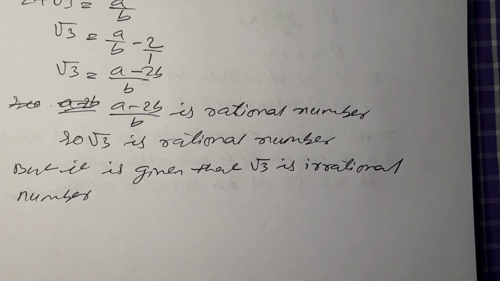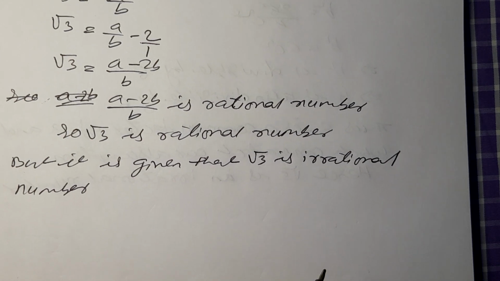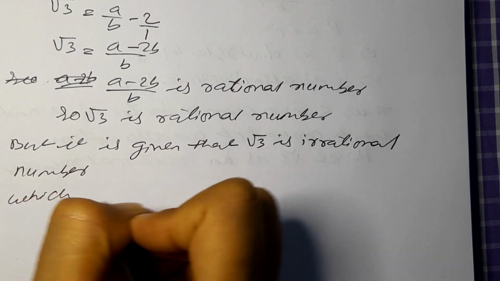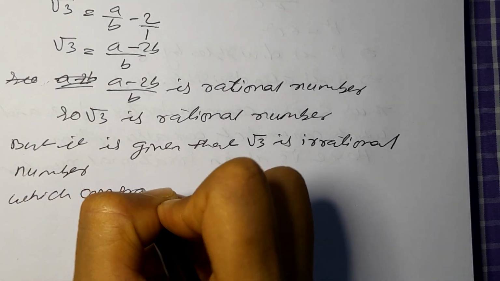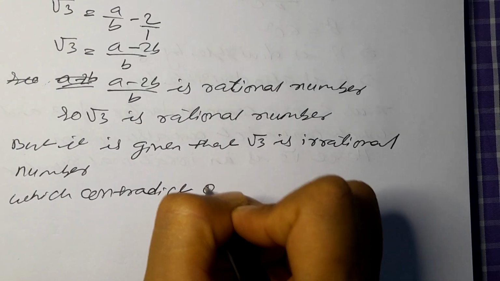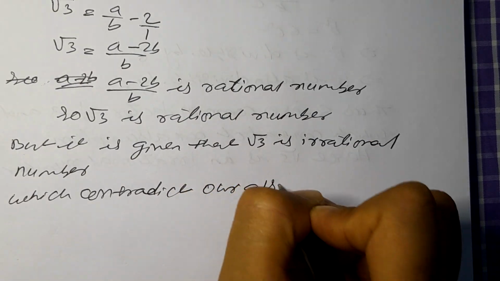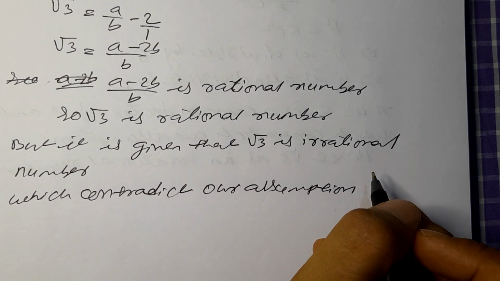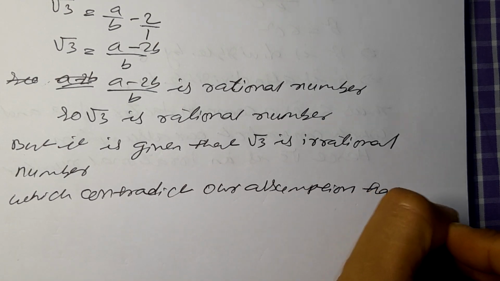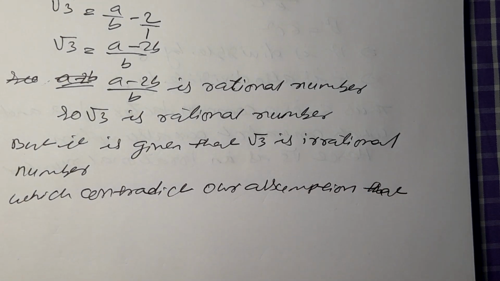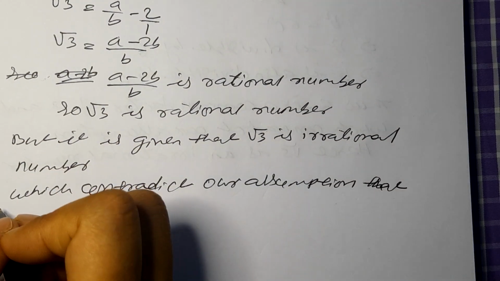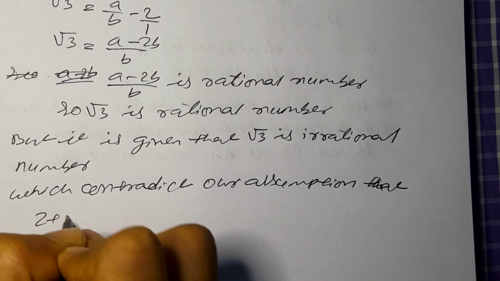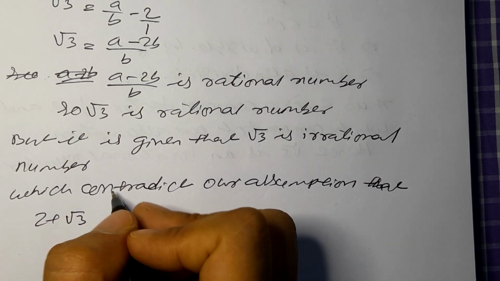Hence it contradicts our assumption that 2 plus root 3 is rational.